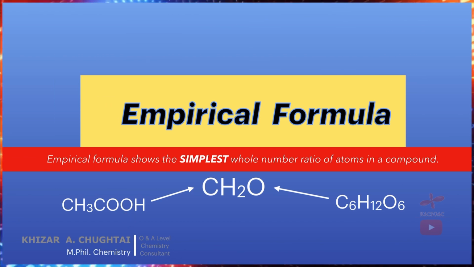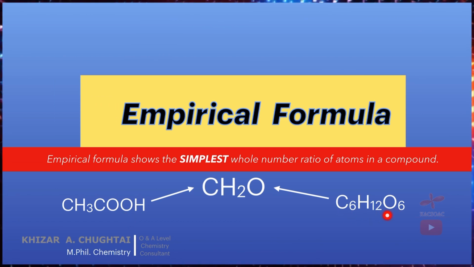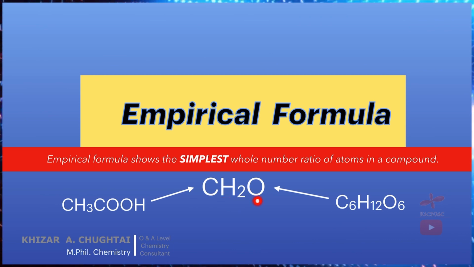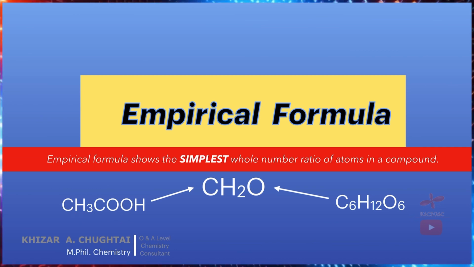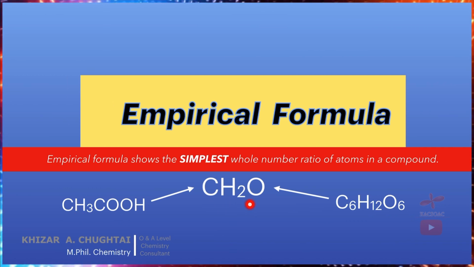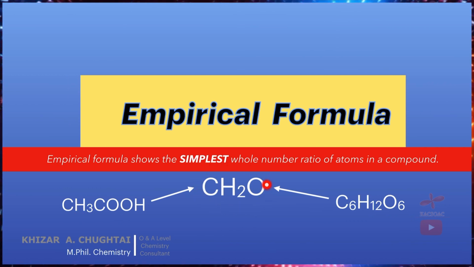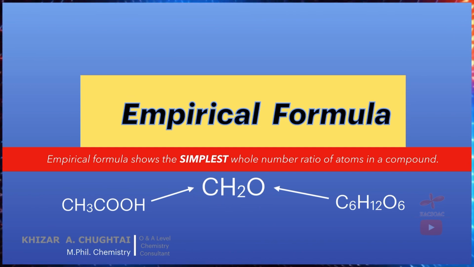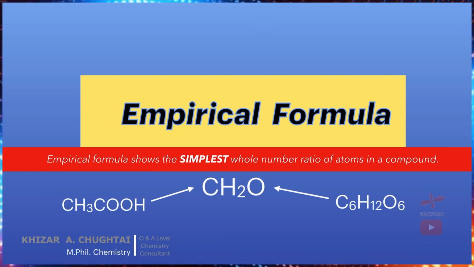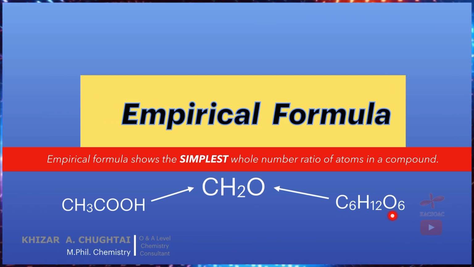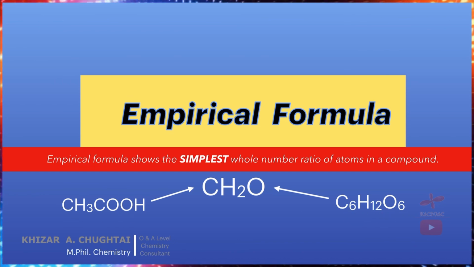So the simplest formula of glucose is CH2O, and similarly the simplest formula of ethanoic acid is also CH2O. So on behalf of an empirical formula, we cannot recognize the actual composition, or we cannot recognize the actual identity of the compound.